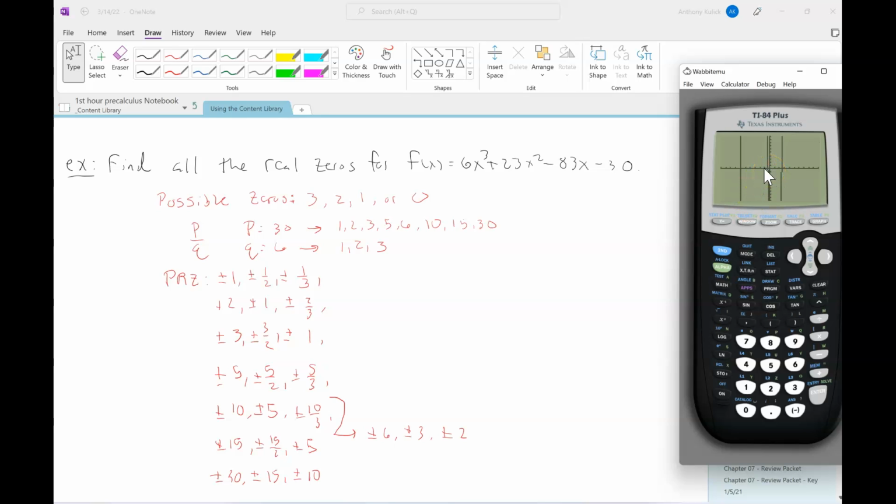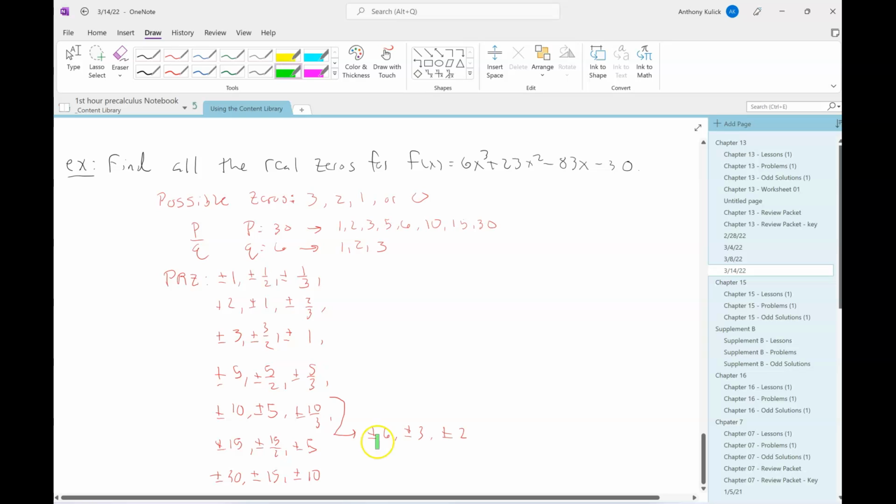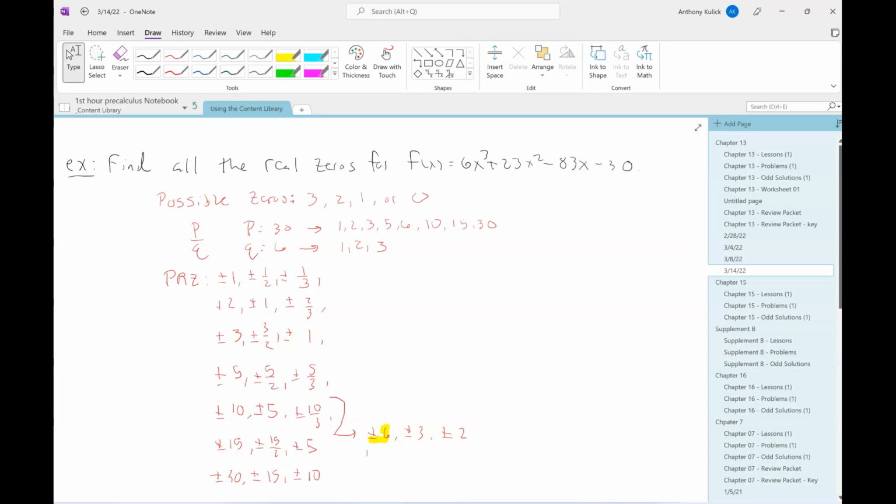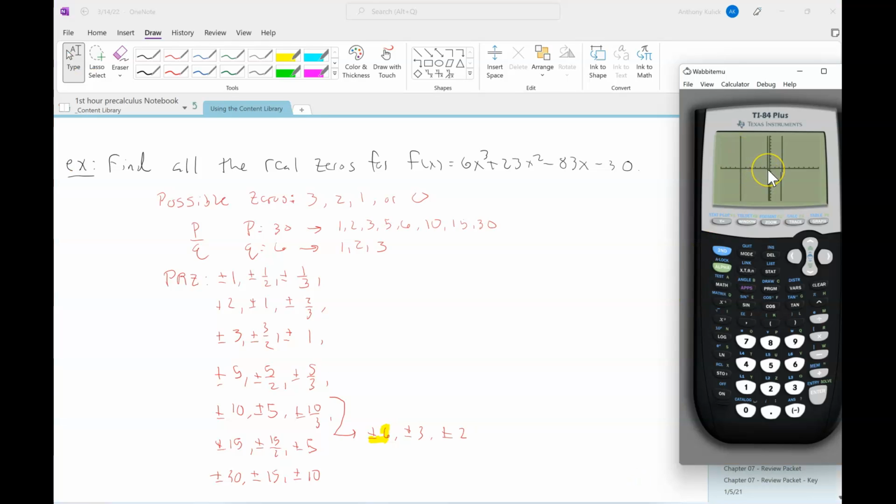So let's see, this is -1, -2, -3, -4, -5. So this one looks like -6. That's on my list. Everybody agree there? That one might be either -1/2 or -2/3 or -1/3. You guys buy that?